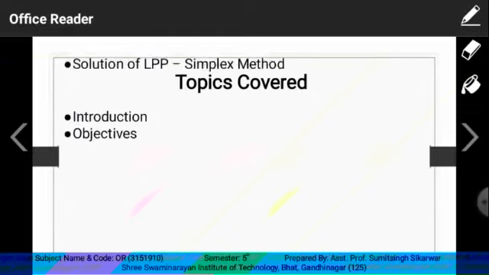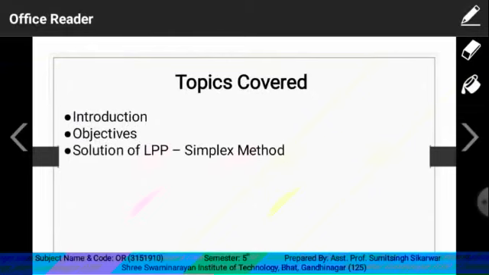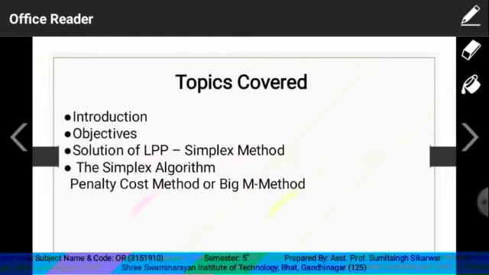We'll see the solution of LPP using the simplex method. We'll see the simplex algorithm, in which we are going to learn two different methods, namely the first is the penalty cost method or big M method, and another is the two-phase simplex method.